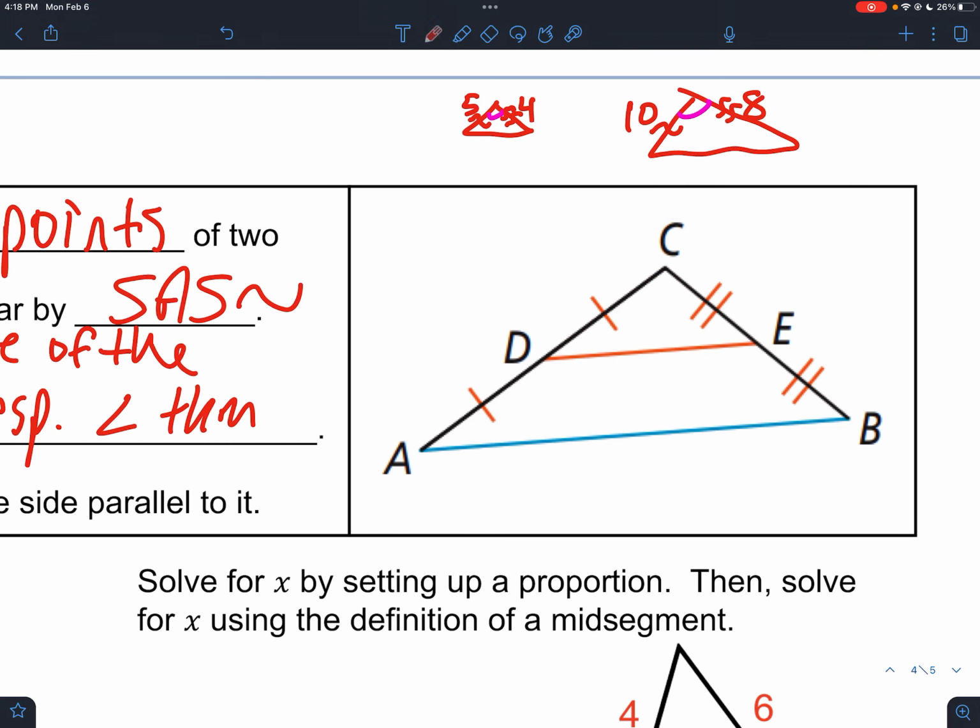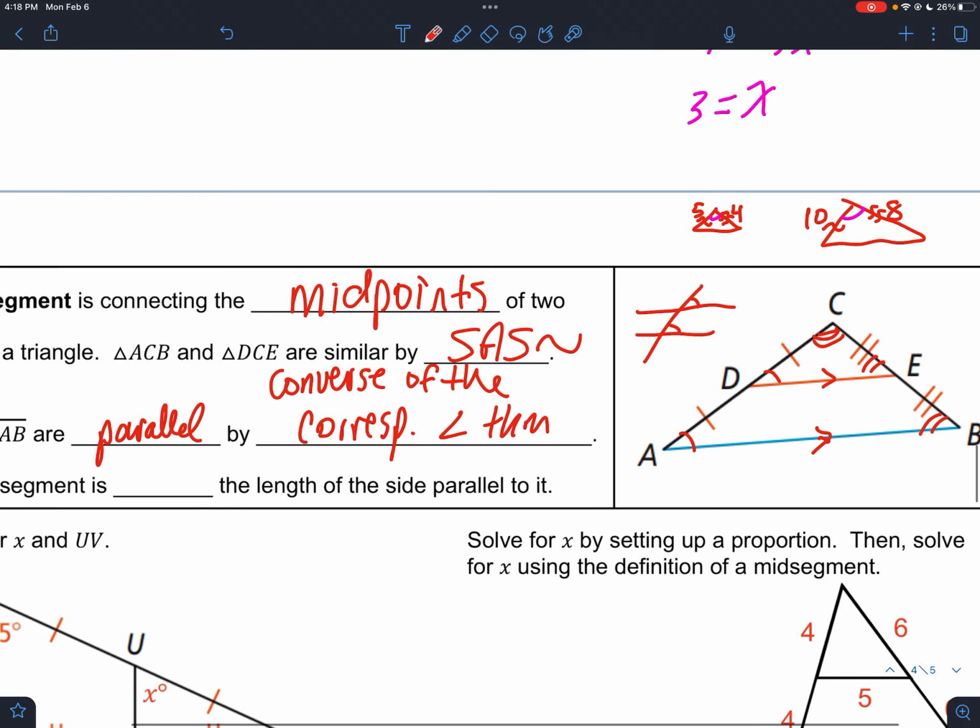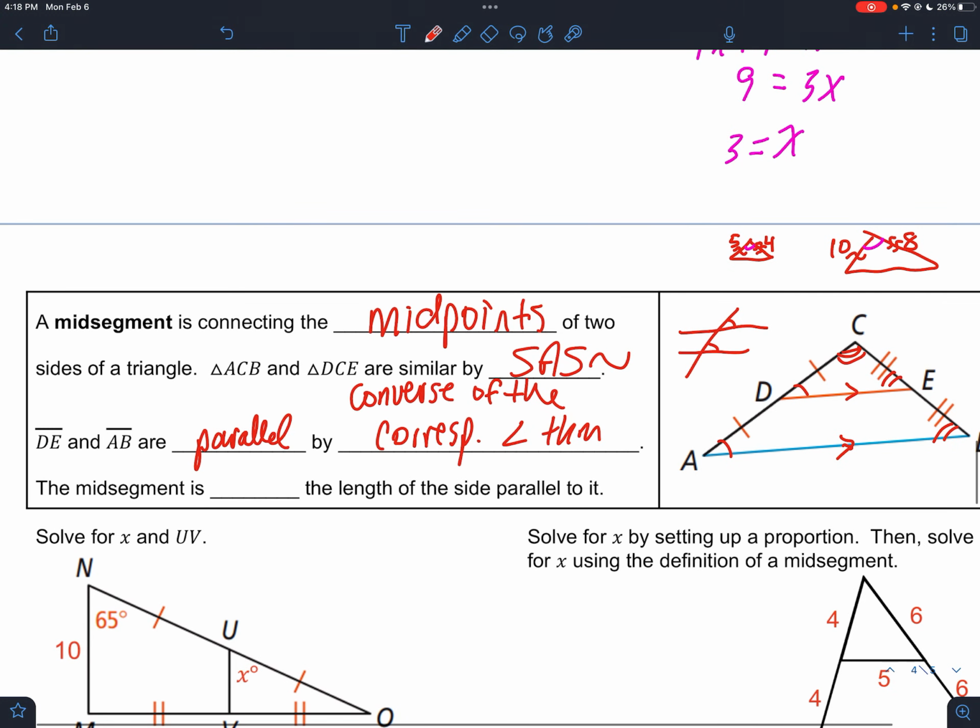So if these triangles are similar by SAS similarity, I know that all these angles match up, right? And if we have a picture like this, and those angles are equal, then the lines are parallel. And that's by the converse, the opposite of the corresponding angle theorem. So those are parallel when you have a midsegment.